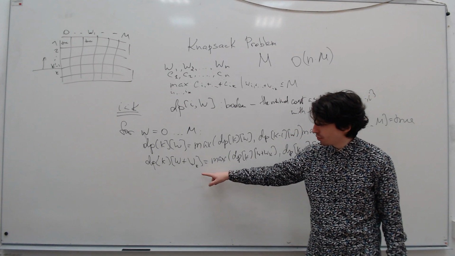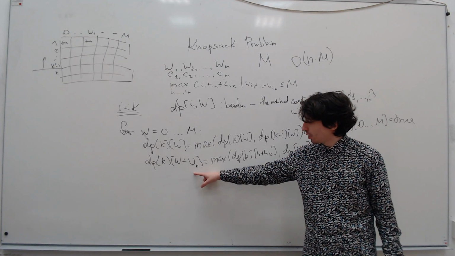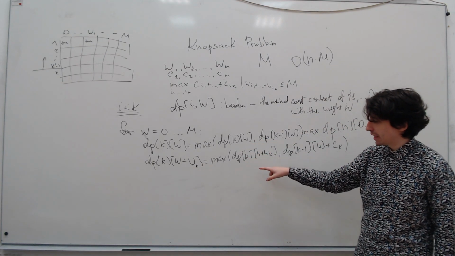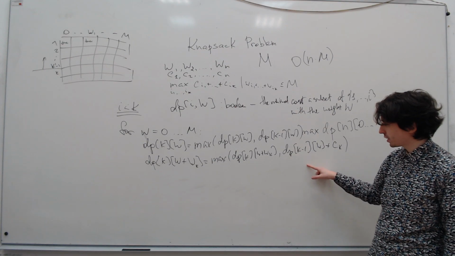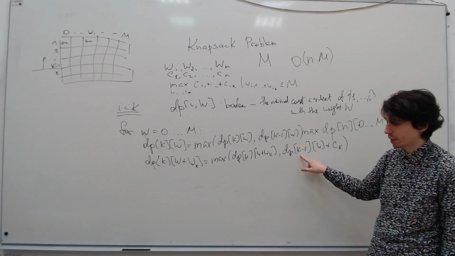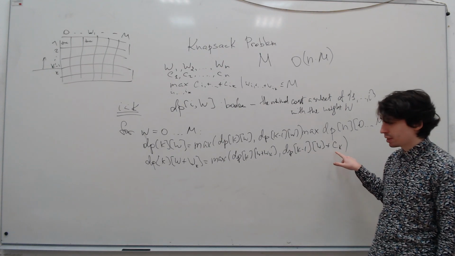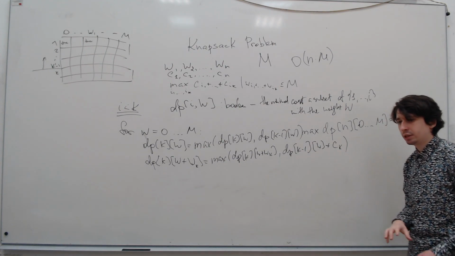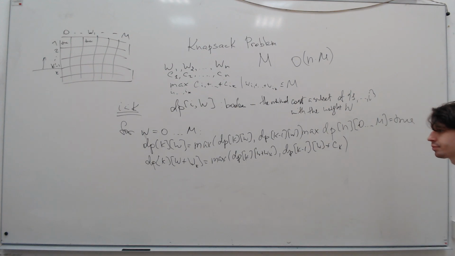And if we decide to add new element, then you simply compare the best answer with the answer where we take the weight for the first k minus 1 elements and we get a cost ck. That's it. That's what you need to know about knapsack problem itself.